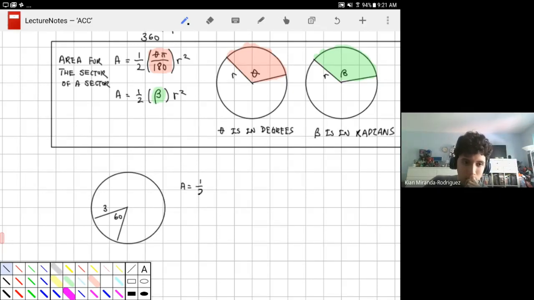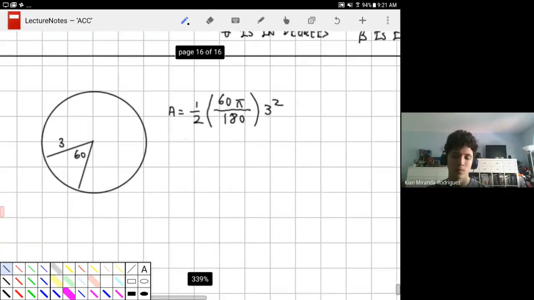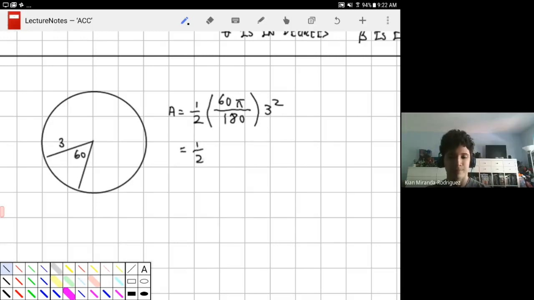So it'll be 1/2, and then multiplying that in parentheses for the numerator, it's 60 times pi over 180, and r in this case will be 3, so it'll be 3 squared. Good. Then we're going to reduce this. 60 goes into 180 how many times, guys? 3.